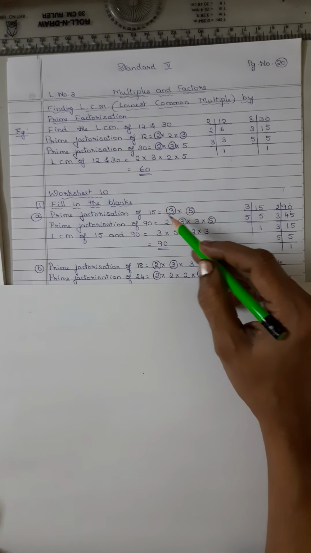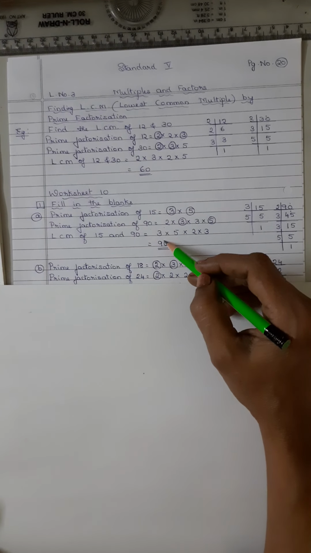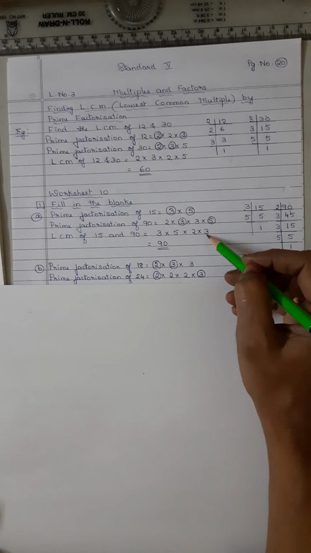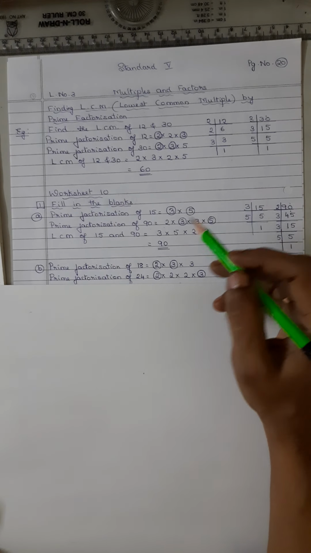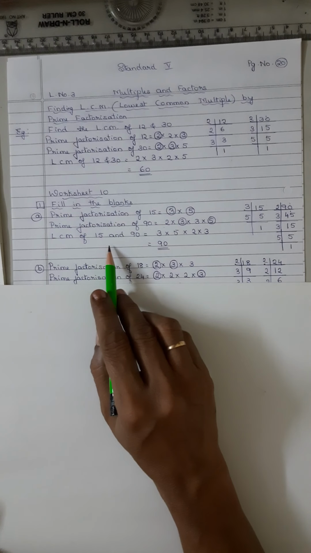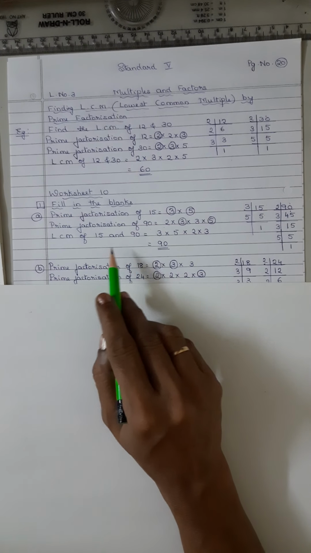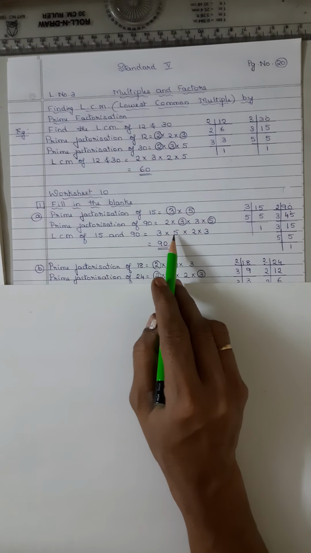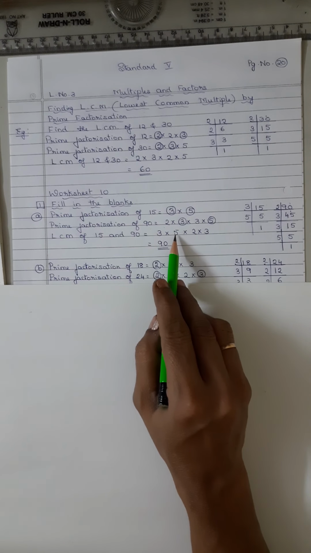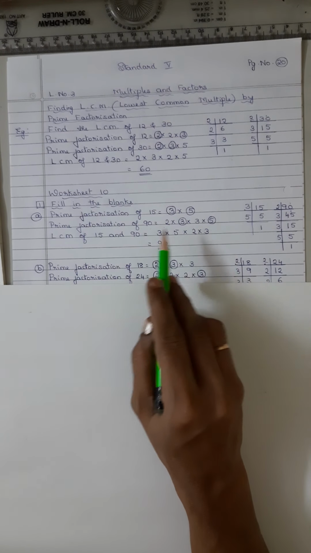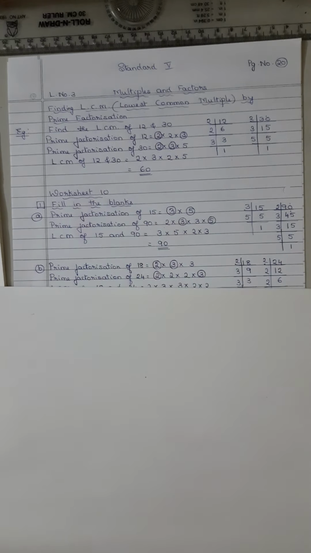So first circle the common ones, write it down, then write the uncommon ones from both the numbers, and then multiply. LCM of 15 and 90 is 3 into 5 into 2 into 3. That means, what did I tell you? 5 twos are 10. 3 threes are 9. 9 tens are 90.